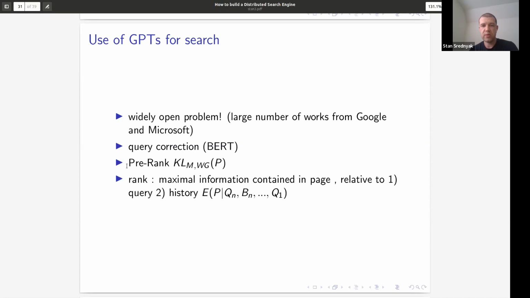If you look at how they experiment with query rephrasal and explorative search, there are literally dozens of high quality works. Query correction, on the other hand, is mostly a solved problem, and people solve it using well-established BERT technology.